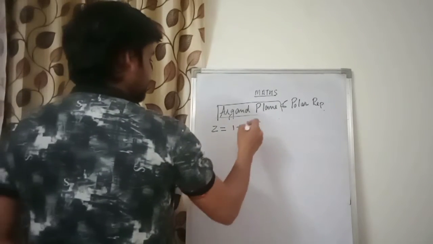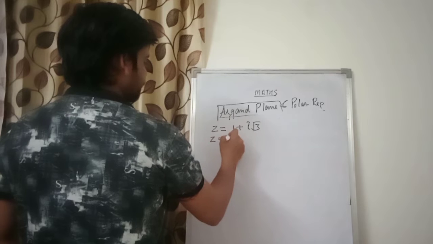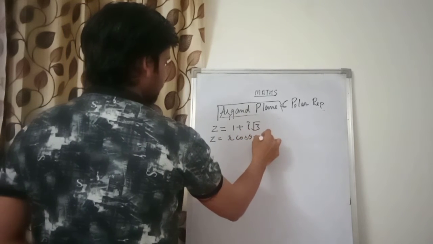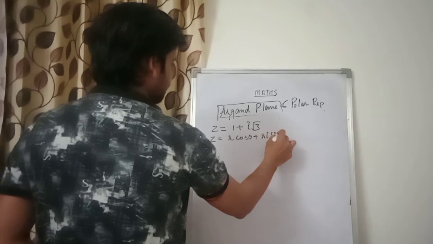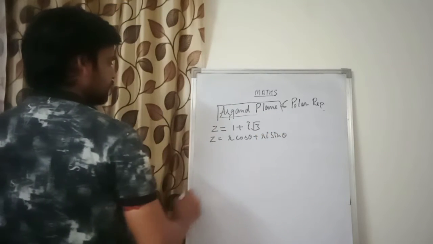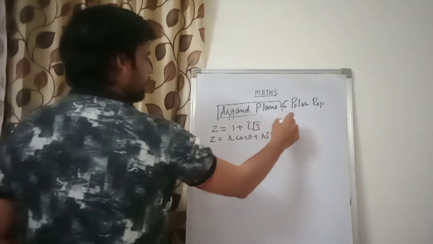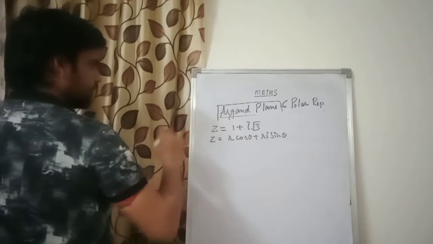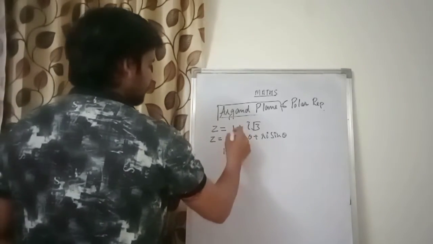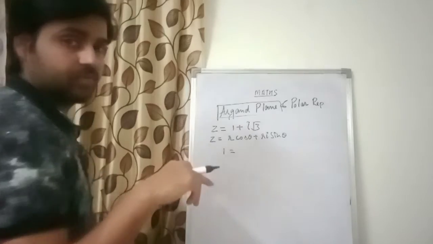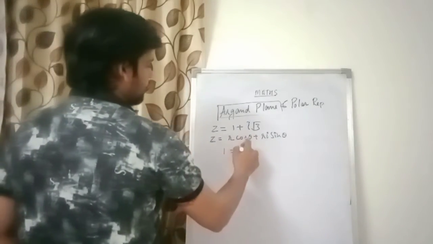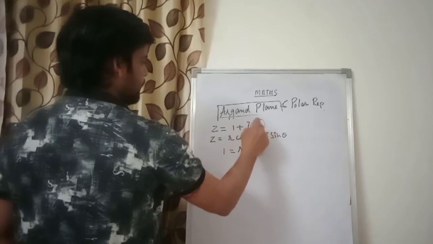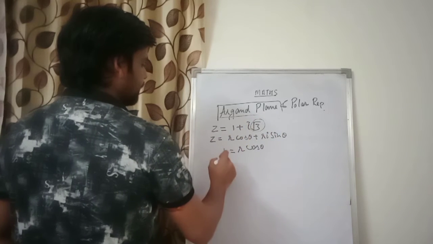As we know, the polar form of the complex number is r cos theta plus i r sin theta. Here r cos theta is equal to 1, because r cos theta is actually the real part of the complex number. And this root 3 is r sin theta.